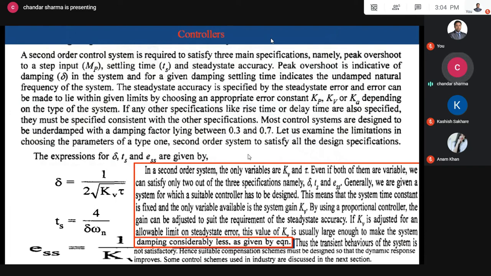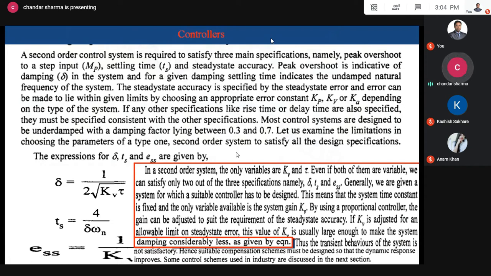In order to improve the response of the system, the following control strategies are incorporated in addition to proportional feedback. You know the formula for settling time, 4 by zeta omega n. You also know the formula for ESS, which is equal to 1 by Kv.